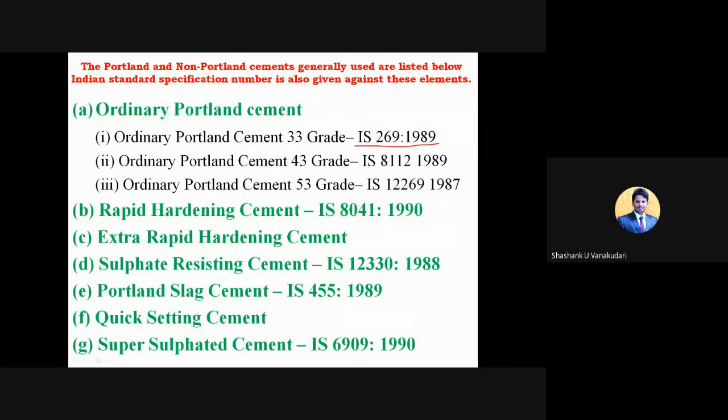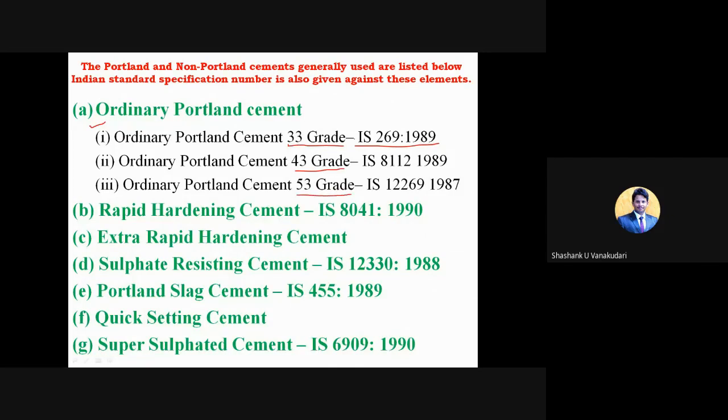And here the classification is based upon the materials used in the manufacturing phase. The first one is ordinary Portland cement. This ordinary Portland cement is classified with respect to grade, that is ordinary Portland cement with 33 grade, 43 grade, and then 53 grade.